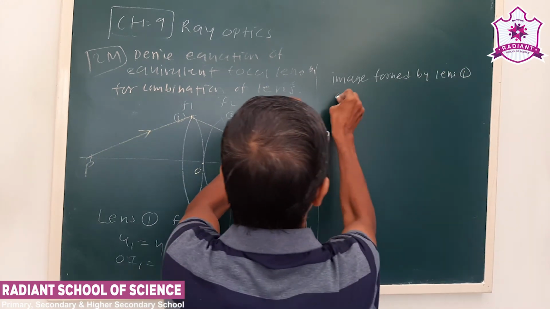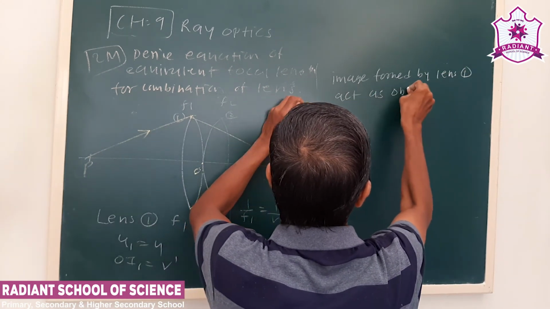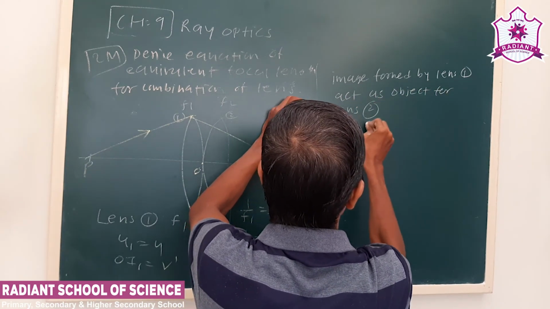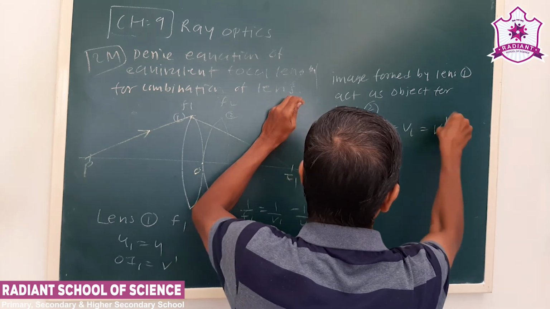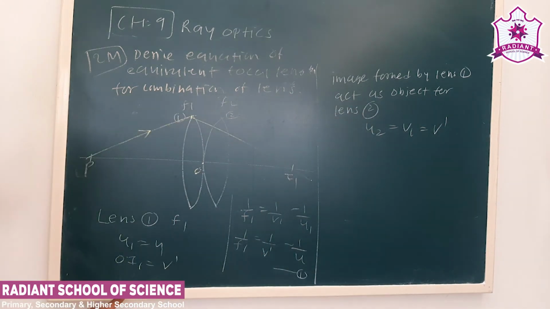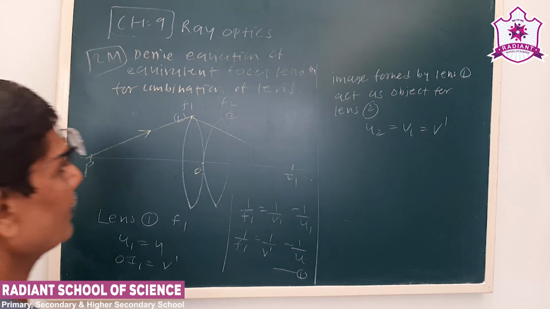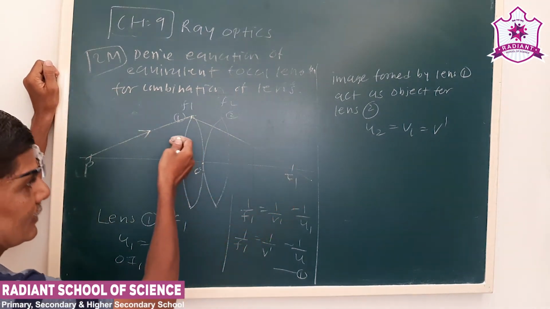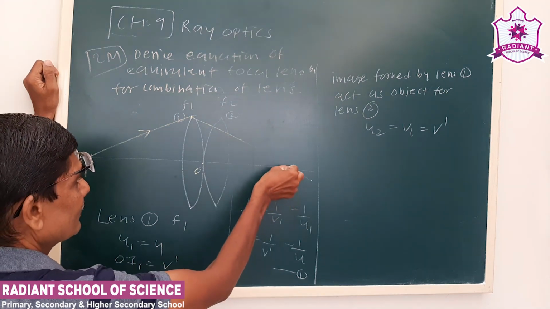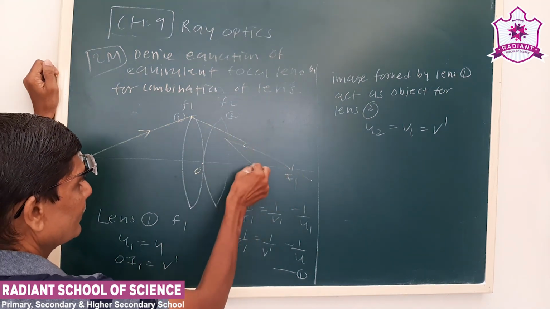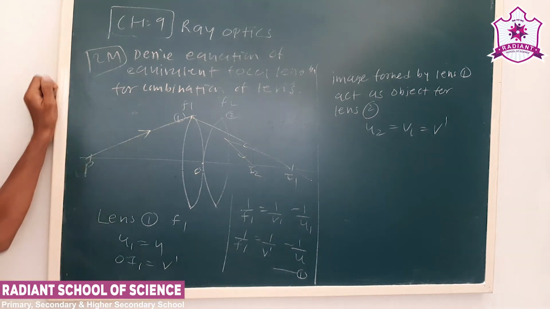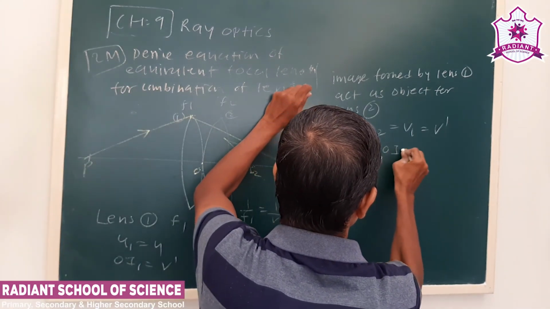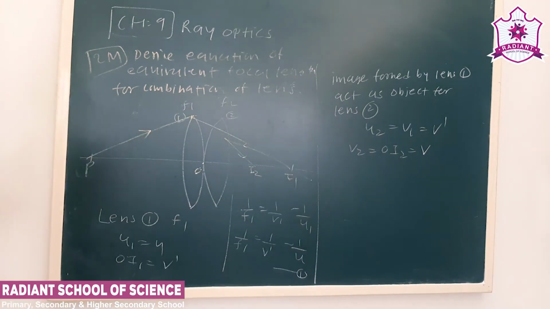So we can write u2 is v1, that is v dash. The image formed by lens 1 acts as an object for the second lens, it travels like this, and finally we assume the image is I2. So this OI2, v2, we can take as v.